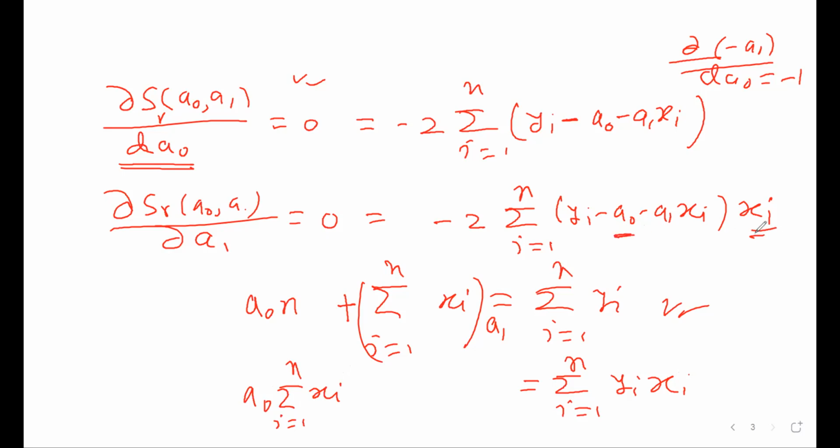Yes, sir. Minus is there because a minus was there earlier and we are putting the sign on the other side. Then this would be equal to the sum from i equal to 1 to n of xi squared into A1, isn't it?